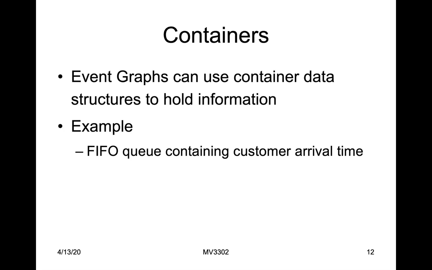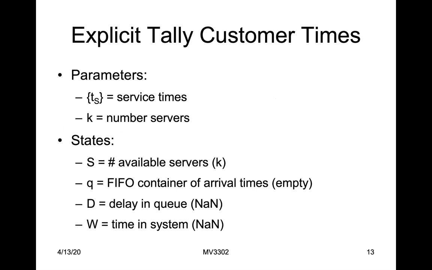The idea is that this queue, this sorted set, is going to contain the customer arrival times. And so now we're actually going to start moving towards representing each customer as an individual. Okay, so we want to explicitly tally the customer times, the delays in the queue and the times in the system.